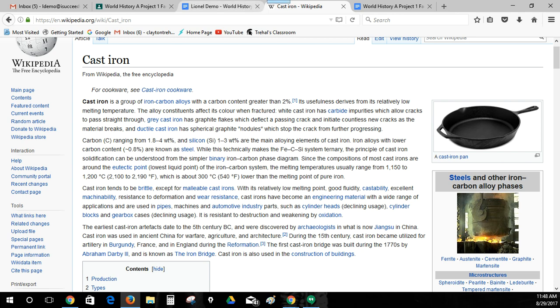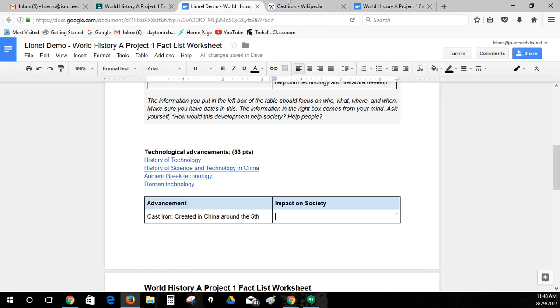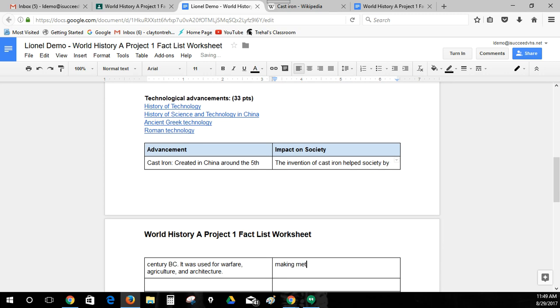And so what goes into impact on society is you think about this invention and you ask yourself, how does this help people? How does this help society? So the invention of cast iron helped society by making the production of metal tools easier.